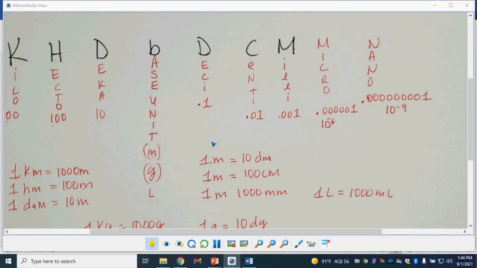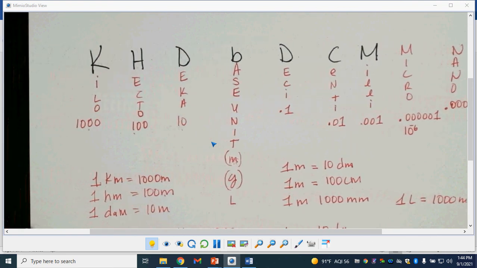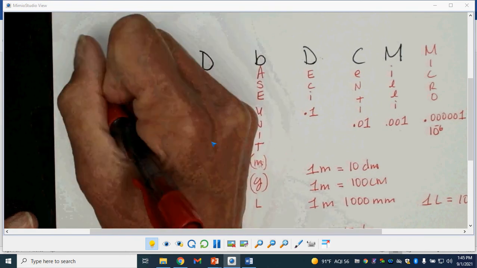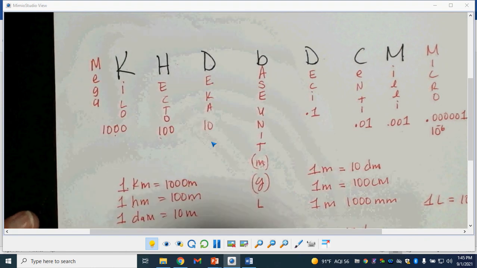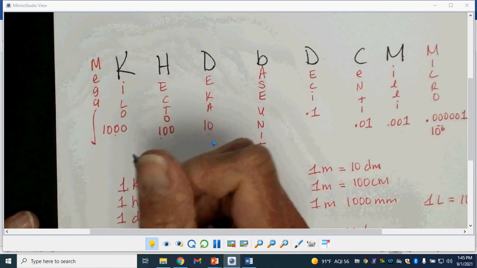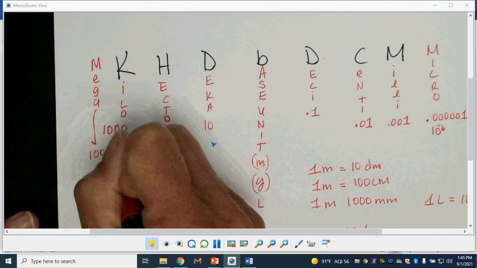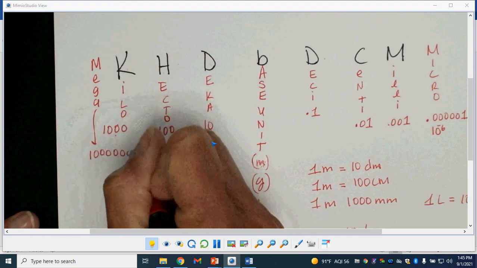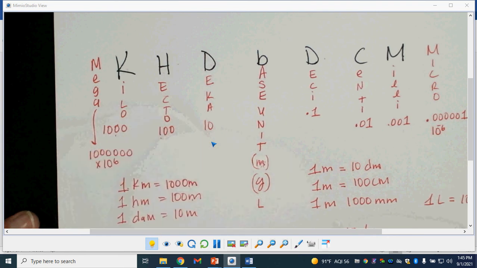Okay, so I'm going to go to the other side, bigger than our base unit, and we've got mega. Mega means a million, so 1,000,000, or times 10 to the 6th.